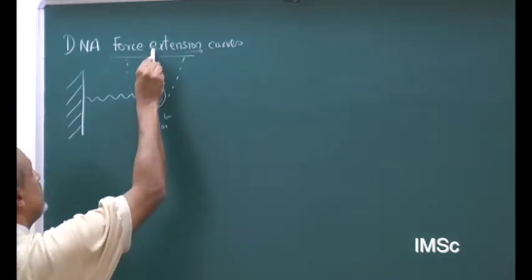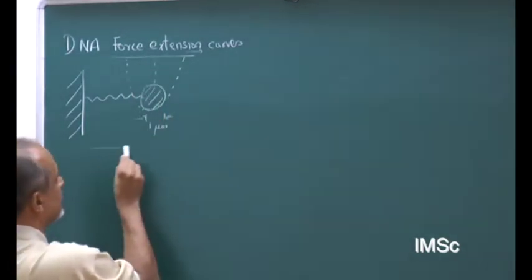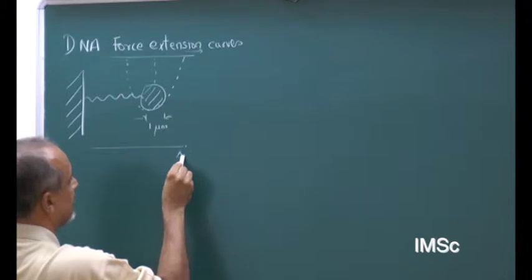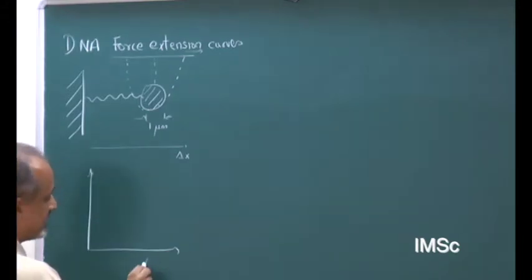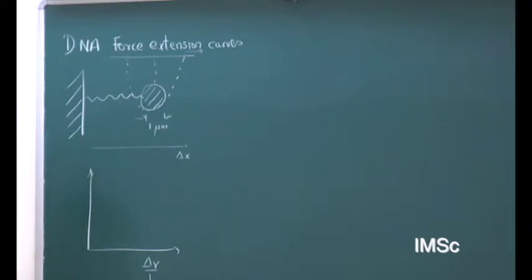By moving the bead, you can measure the extension, delta x, let us say, of the DNA molecule. Finally, what you will do is plot the extension as a fraction of the total length of the molecule, because you know the structure of the molecule, so you know what the total length is, as a function of the force. Typically this is done on a log scale here and a linear scale here.